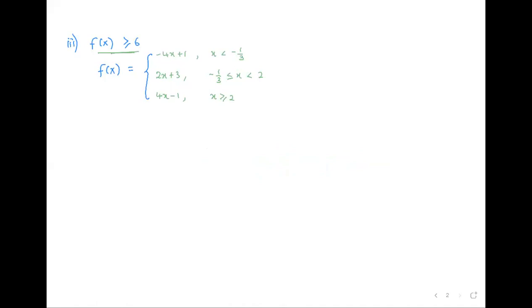You pick each piece. Negative 4x plus 1 is greater than or equal to 6, giving us negative 4x greater than or equal to 5, and so x is less than or equal to 5 over negative 4.